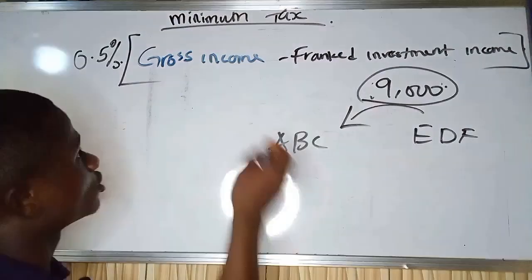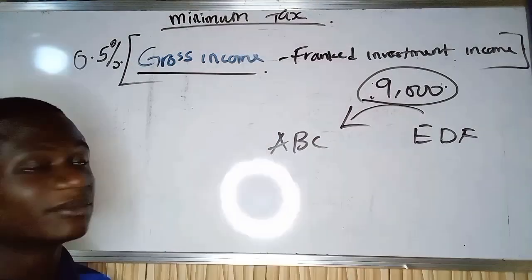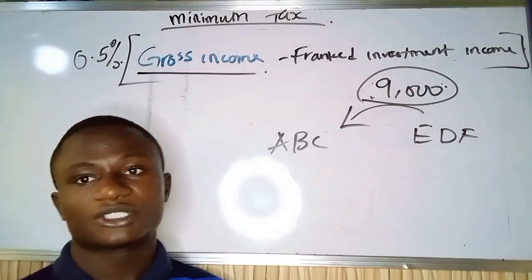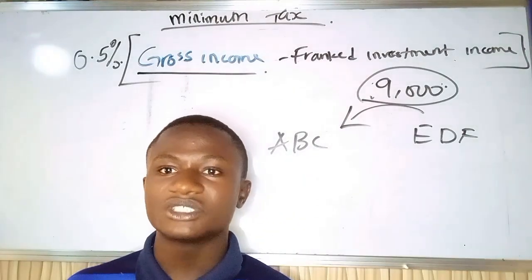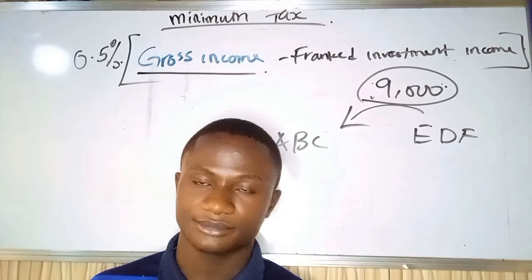Talking about gross income, I feel a lot of us are familiar with it, but I'm still going to explain it. Gross income is income before the deduction of any expenses.